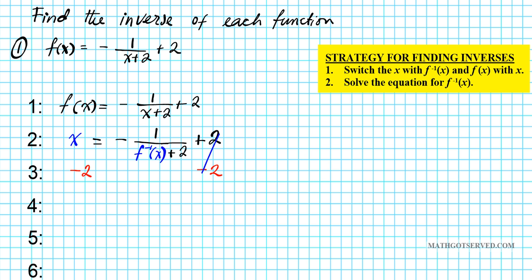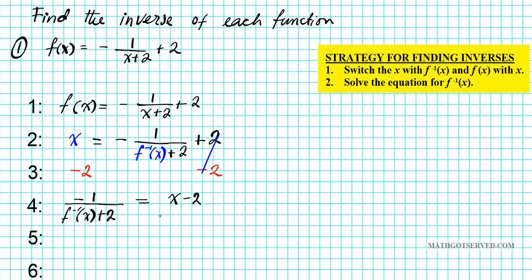So I'm going to switch my equation around. We're left with negative, and I can attach the negative with the numerator. Negative 1 divided by f inverse of x plus 2 equals, on the right side of the equation, x minus 2. Now, the inverse of f that I'm solving for, f to the negative 1 of x, is in the denominator.